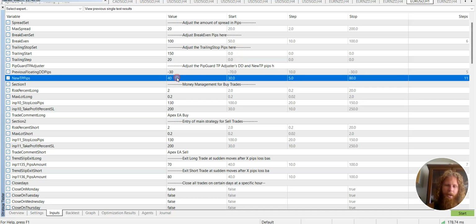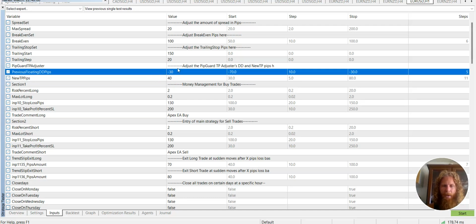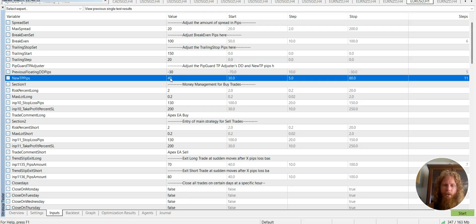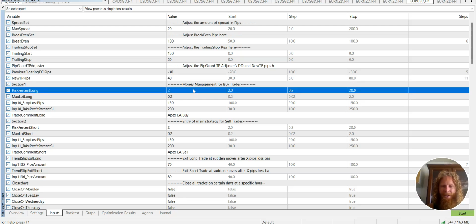So your new TP is going to be 40 pips if a drawdown happened, and you can set how many pips of drawdown, and then your trade is going to be closed there. It is a very interesting feature, and so far I really like it. You can check all the live signals, it is working.